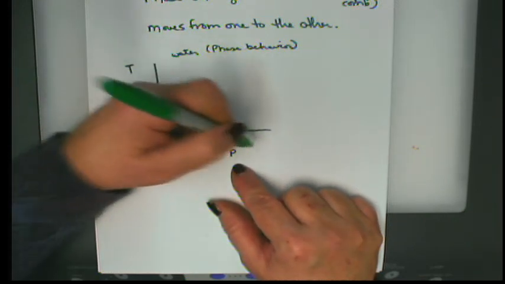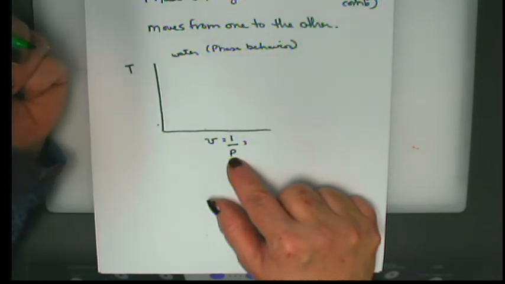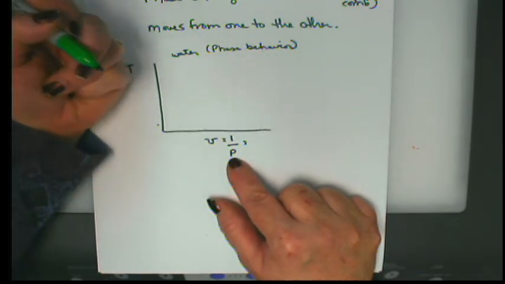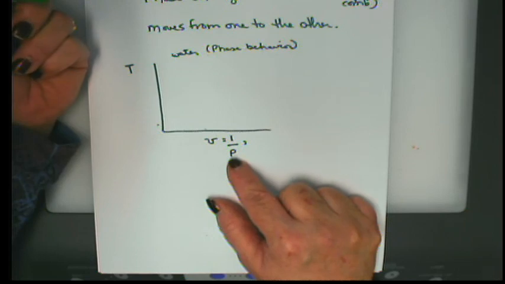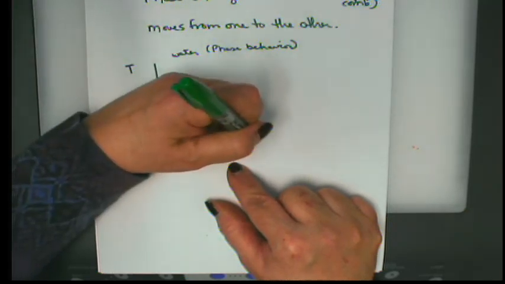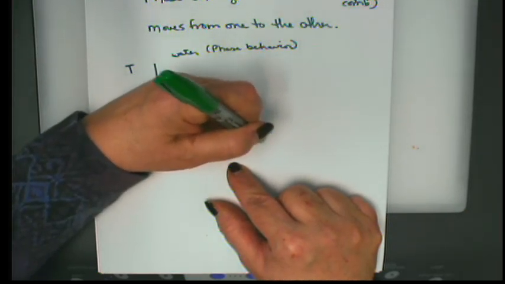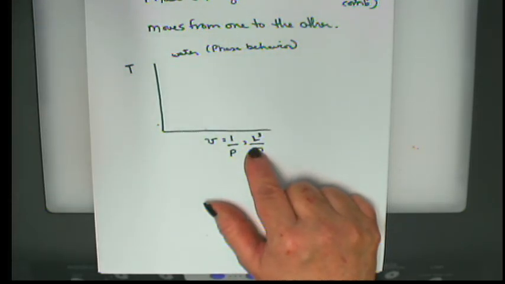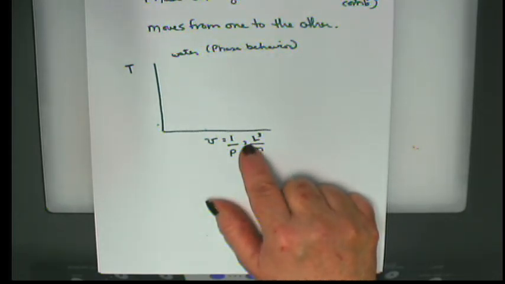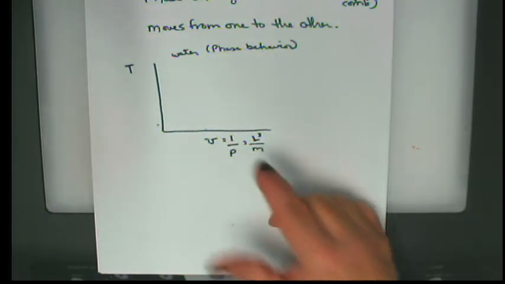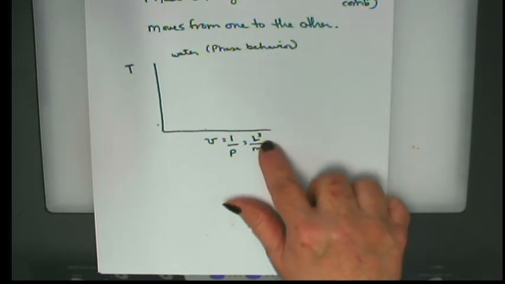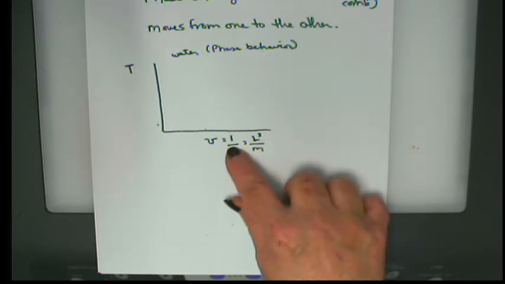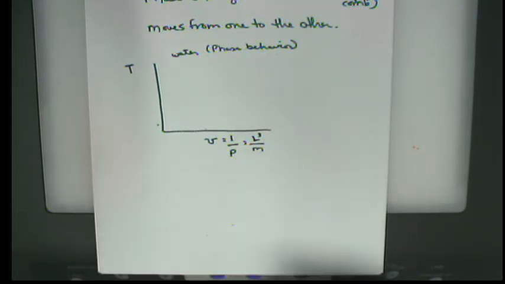So if v is the reciprocal, instead of being dimensions of mass per volume, it's going to be in dimensions of volume per mass. All right, so in other words, we're looking at how expanded things are. The larger the specific volume, the more room it takes up. So if you have a very light gas, it's going to have a larger specific volume than a denser liquid.